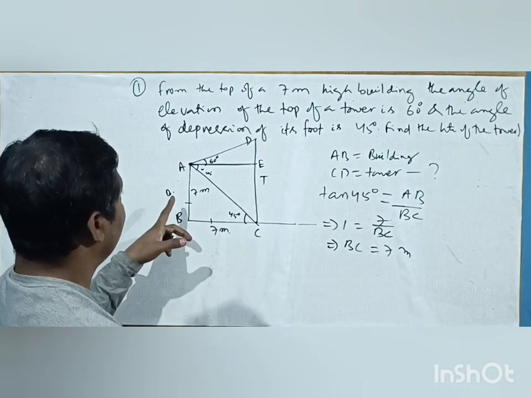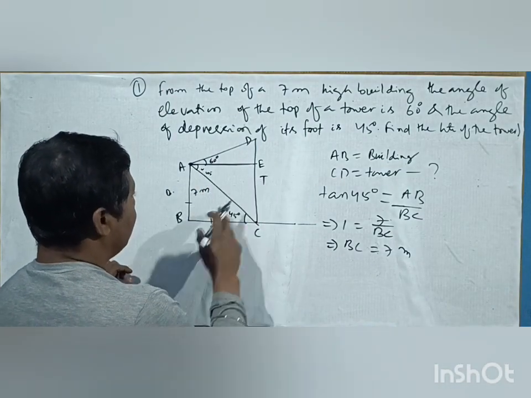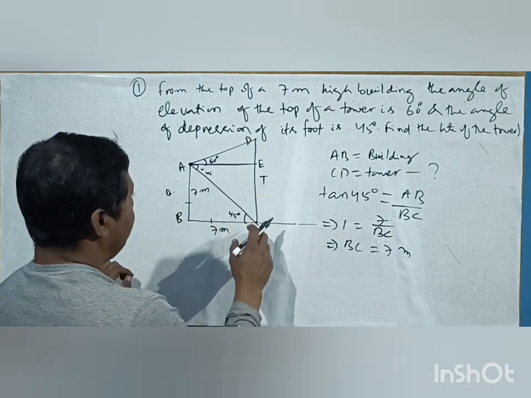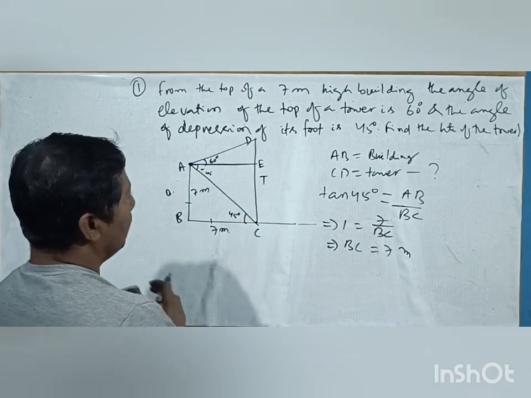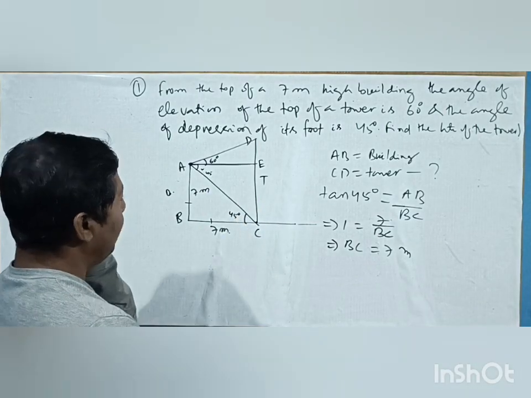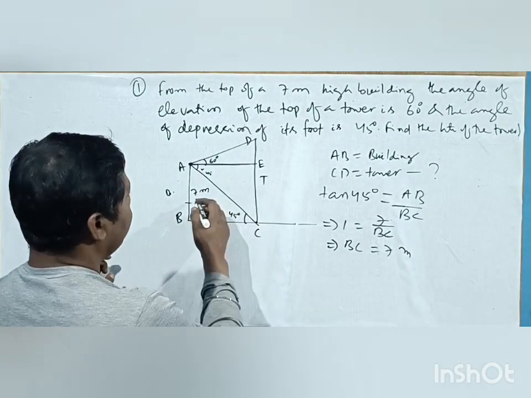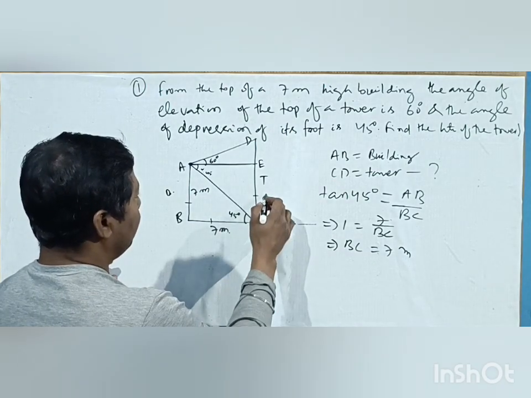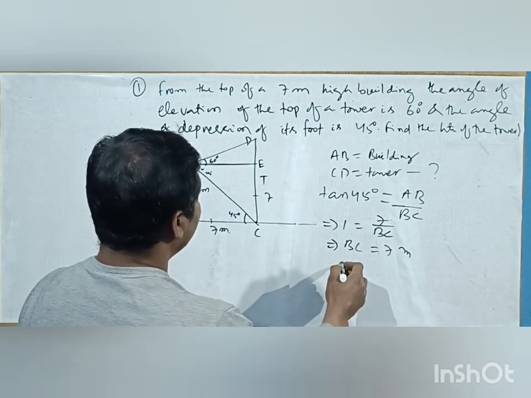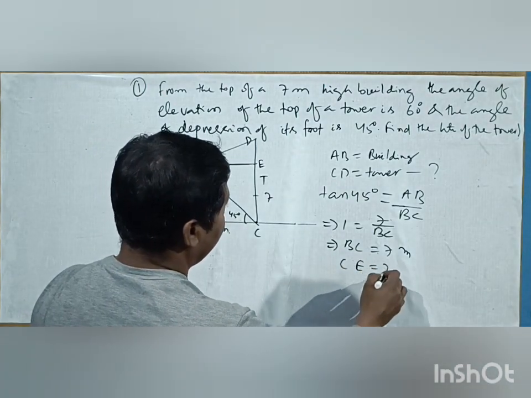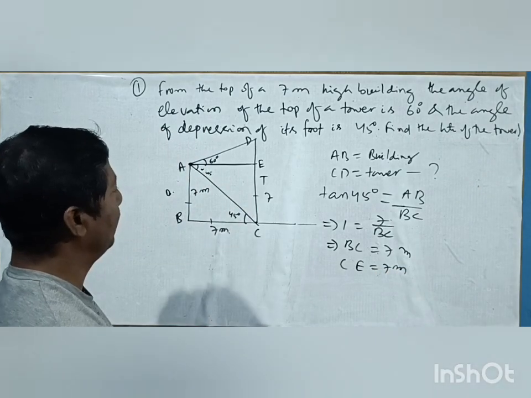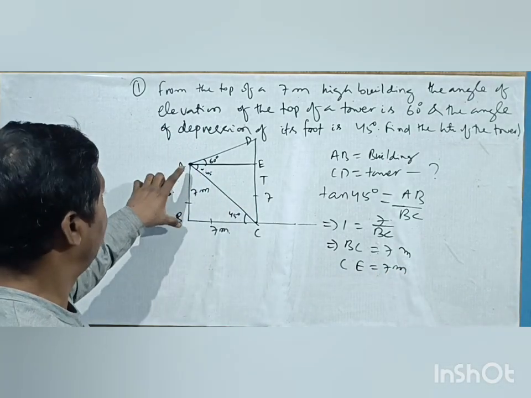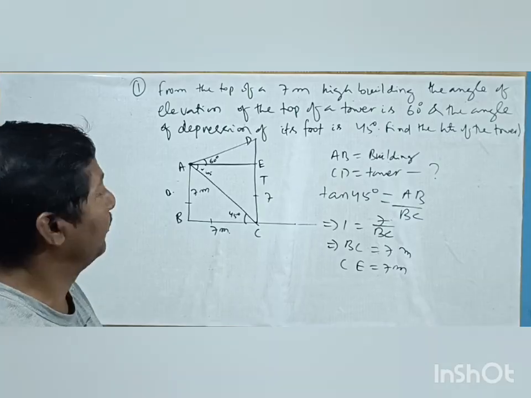And if I have taken this as parallel, this is a square now because this side is same as this. C is also 7 meter, because these two are parallel and the height is same.